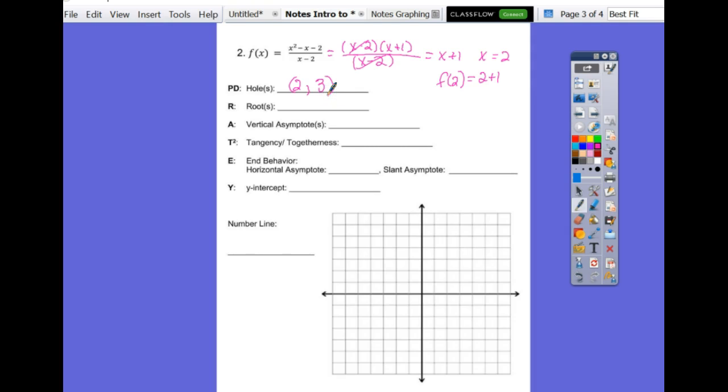So I am going to get a hole in the line, right there. So from there, what is the root? -1.